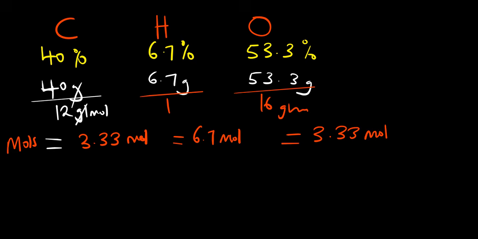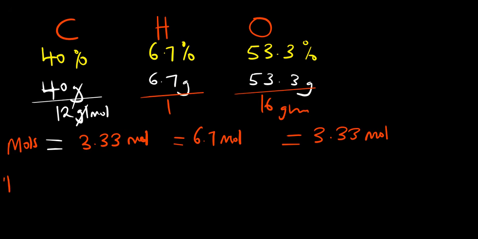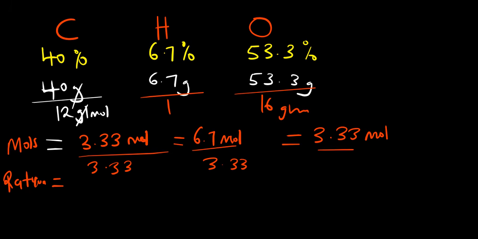I'm just going to call this one ratio. If we divide this one by the smallest here, 3.33, it's 3.33 divided by 3.33. Also this one divided by 3.33. Also this other one divided by 3.33. So what are we going to have as our ratios? This is going to give us 1. 6.7 divided by 3.33, I'm getting 2. Then this one is also going to give us 1.